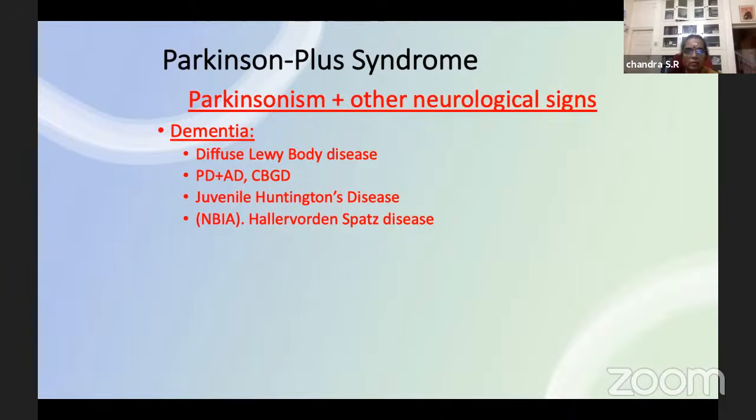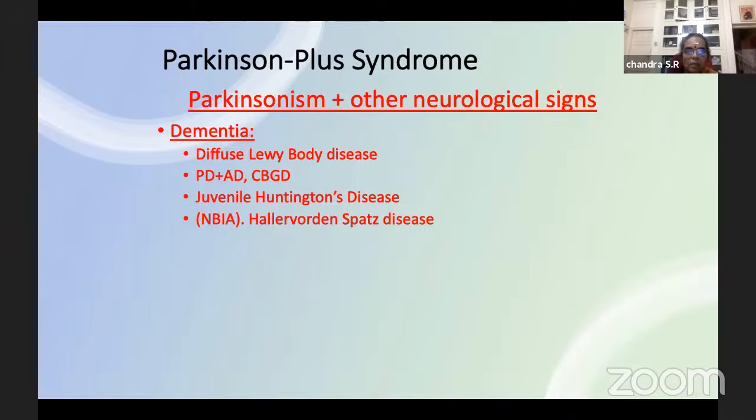In CBD, the cortex also degenerates, so early dementia will come. Juvenile Huntington's disease, we call it the Westphal variant. There the chorea will not be dominant; it will be Parkinsonian features. Classical Huntington's usually comes in the 3rd or 4th decade, so juvenile Huntington's presents with young onset PD and dementia.